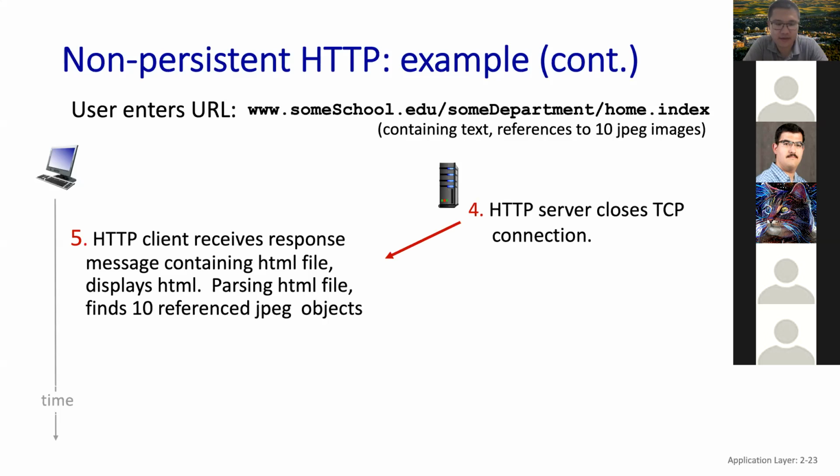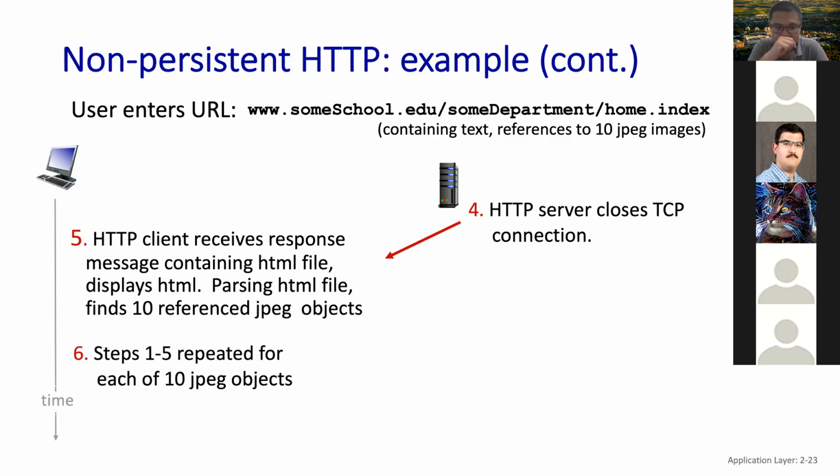Okay, you can see here we have at least two rounds of send and receive. The first send and receive establishes the connection. The second send and receive sends and receives the objects. Each time we can only take care of the 10 JPEG objects.